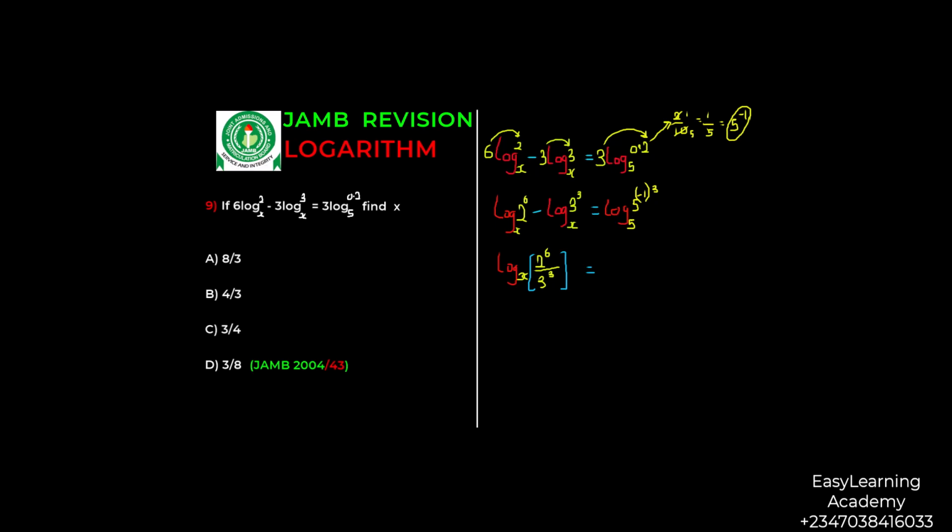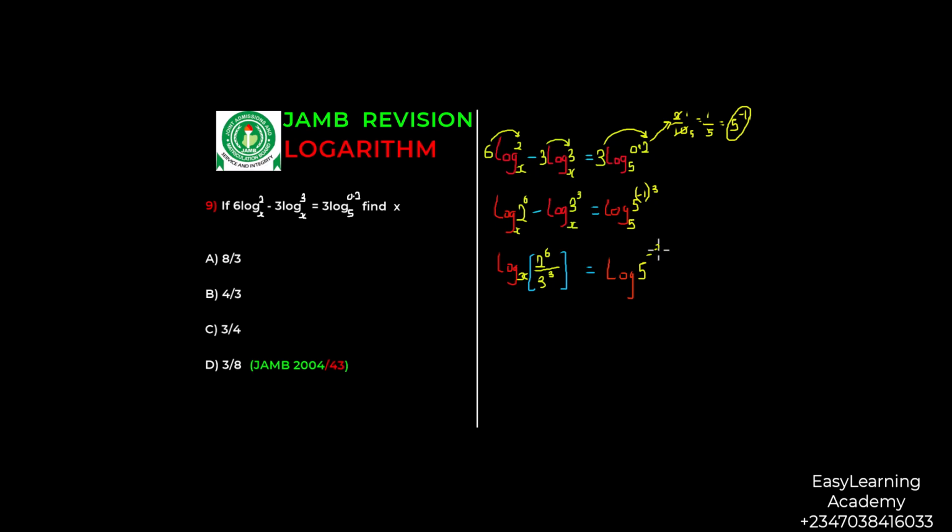Okay, and working that out, let's pull down our log first. And the next thing we're going to do will be for us to work on this power. So it is log 5. Now minus 1 here times 3, that will make it minus 3.